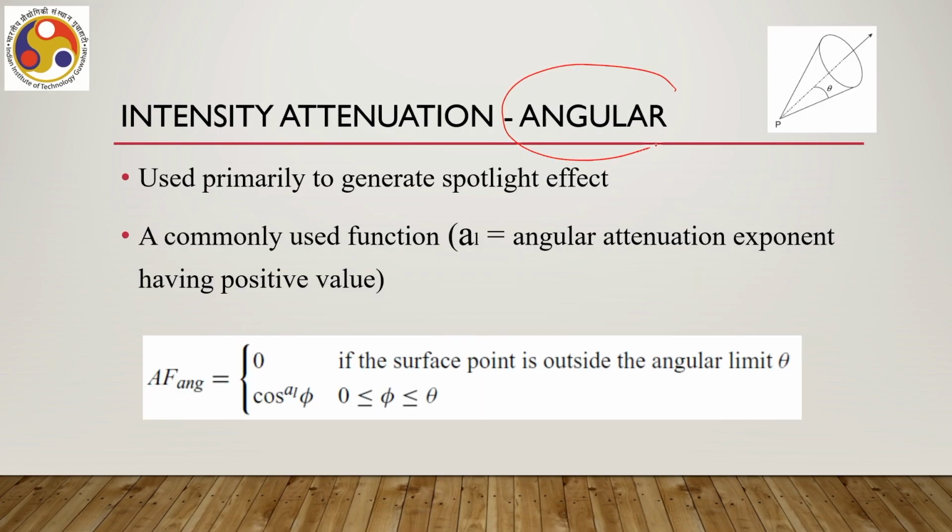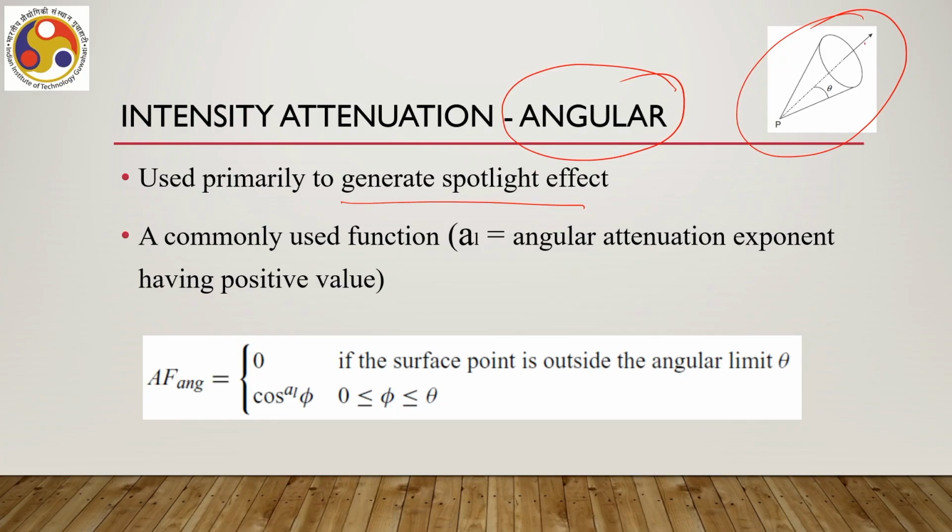Also, angular intensity attenuation can be considered. Primarily, if we are interested in generating spotlight effects such as shown here, where within a region only the elements will be brightly visible, and outside that spotlight zone things will be darker.